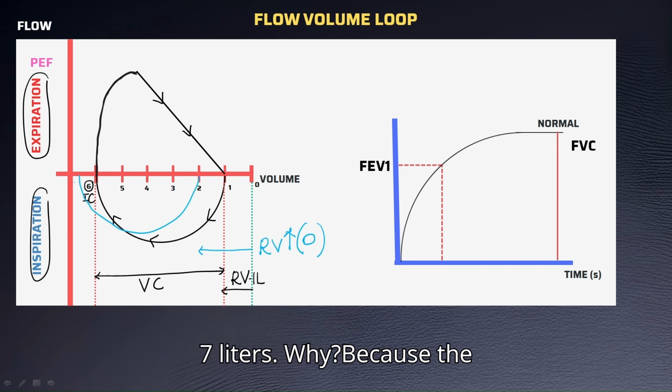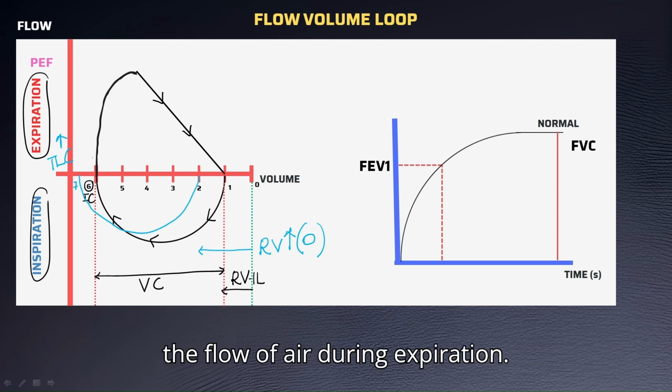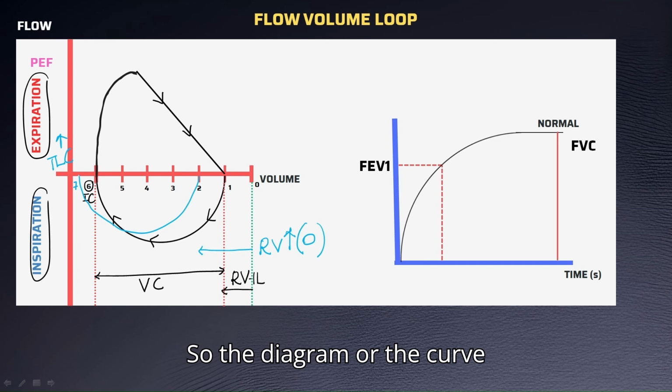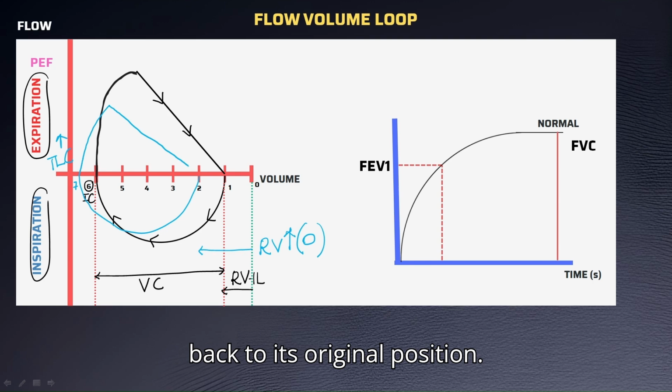For example, 7 liters. Why? Because the total lung capacity increases in obstructive lung disease. And there is also a problem with the flow of air during expiration. So the diagram or the curve doesn't go too far, and it's going to get back to its original position. So what we see is a shift actually to the left.